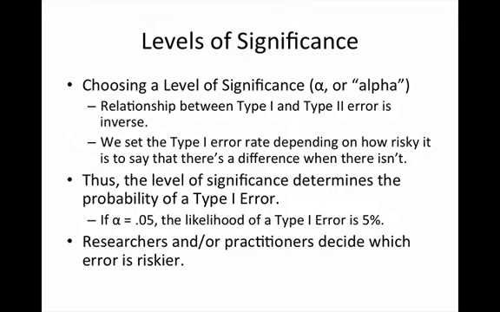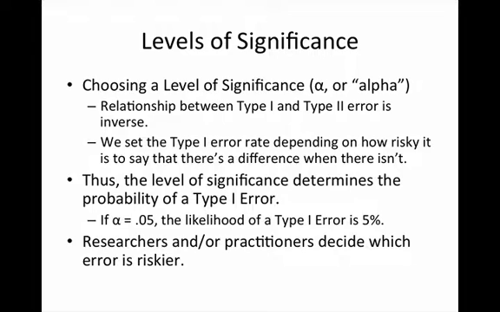Whether or not someone buys a product is not as risky. Therefore, the likelihood of a type 2 error in that case might be more acceptable. Whereas the type 1 error associated with research and development of a drug could be quite profound, and so we might want to minimize that.